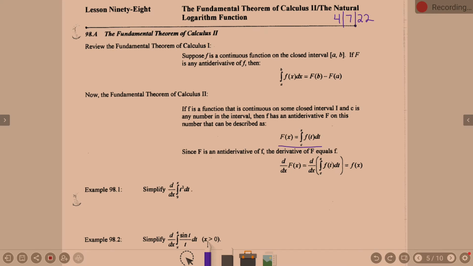And so then the function is t squared. So t squared evaluated at x is x squared. Okay, so that is x squared, and officially that is by the Fundamental Theorem of Calculus, Part 2. So FTC 2.